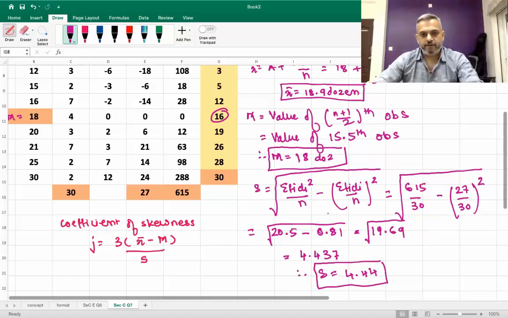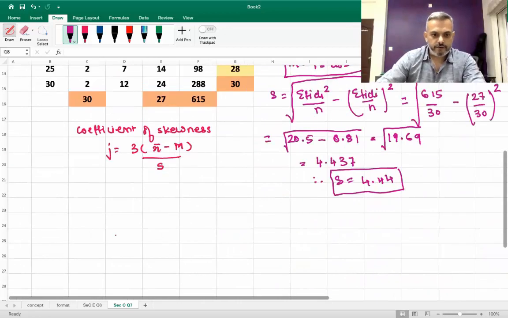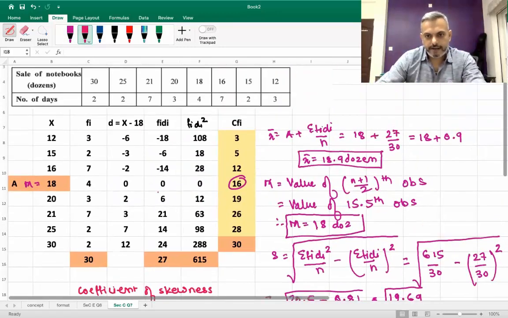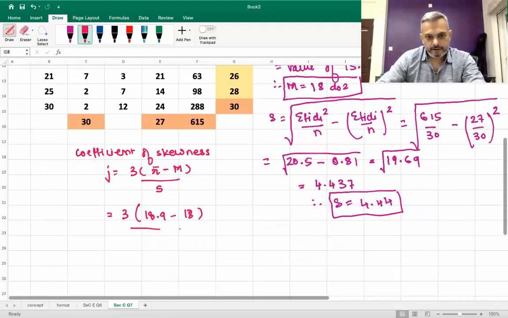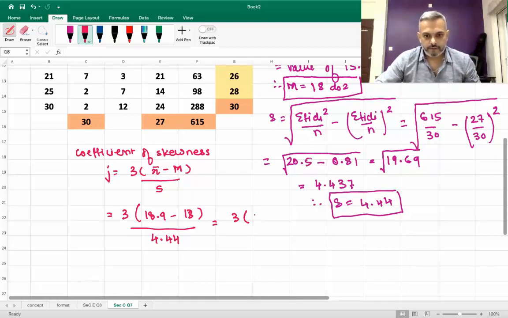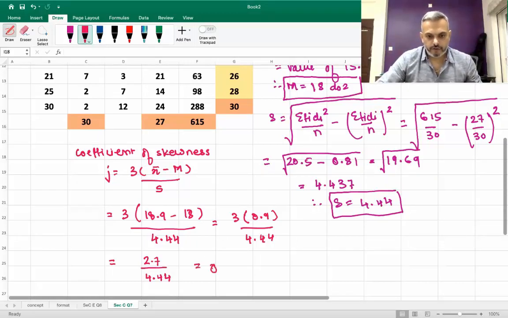So now we have standard deviation, we have median, and we have mean. So let's go to the coefficient of skewness and apply the formula. 3 in the bracket, 18.9 is the mean, minus median, which is 18 dozen, upon standard deviation 4.44, which is equal to 3 into 0.9 upon 4.44, which is equal to 2.7 upon 4.44, which is equal to 0.608, which is equal to 0.61.